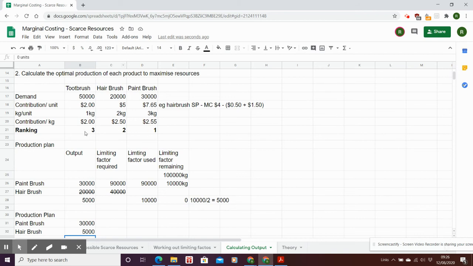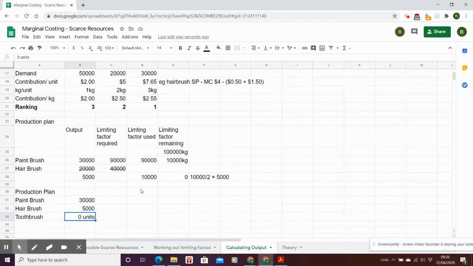You've got to get to the ranking point. And then after we get to the ranking point, we just work through each product in order, starting with the number 1 ranked product and ending with the product that finally utilizes all of the supply, the limiting factor.